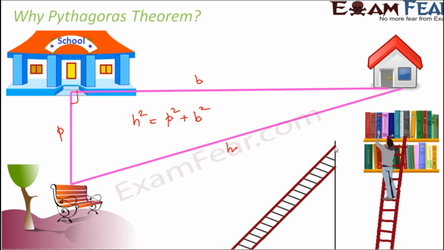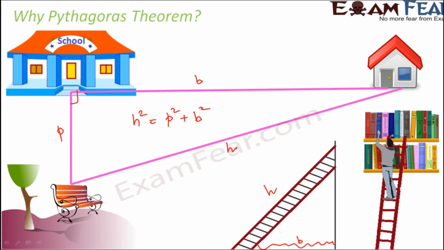So let's say this is the wall, or these are the shelves, and this is your ladder. So the orientation of the ladder would be decided by the distance of the foot of the ladder from the foot of the wall. So this distance is nothing but your base.